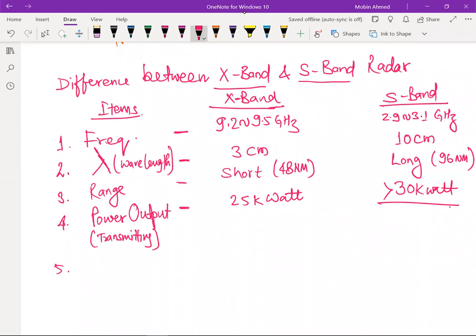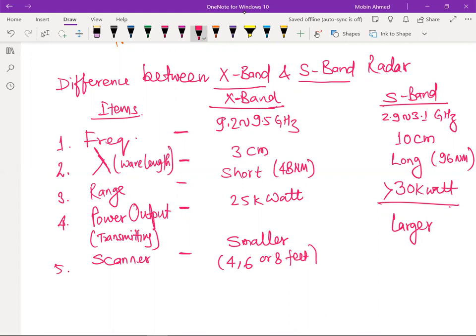Then come to the scanner, antenna. If the frequency is less, it is going to require a larger scanner. And if the frequency is very high, then a very small antenna, a smaller antenna, is required. So the antenna size is generally 4 feet, 6 feet, or 8 feet.